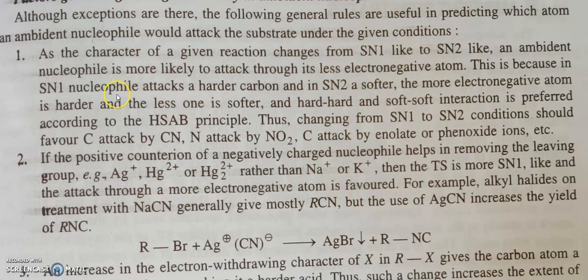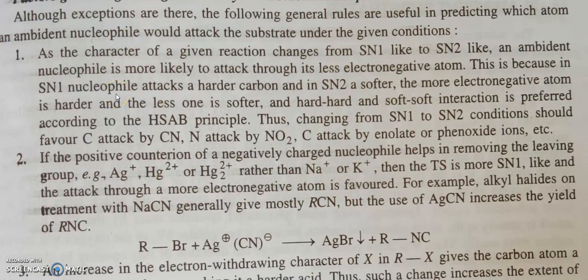First, as the character of a given reaction changes from SN1 to SN2 like, an ambident nucleophile is more likely to attack through its less electronegative atom. This is because in SN1 the nucleophile attacks a harder carbon and in SN2 a softer one. The more electronegative atom is harder and the less electronegative one is softer.